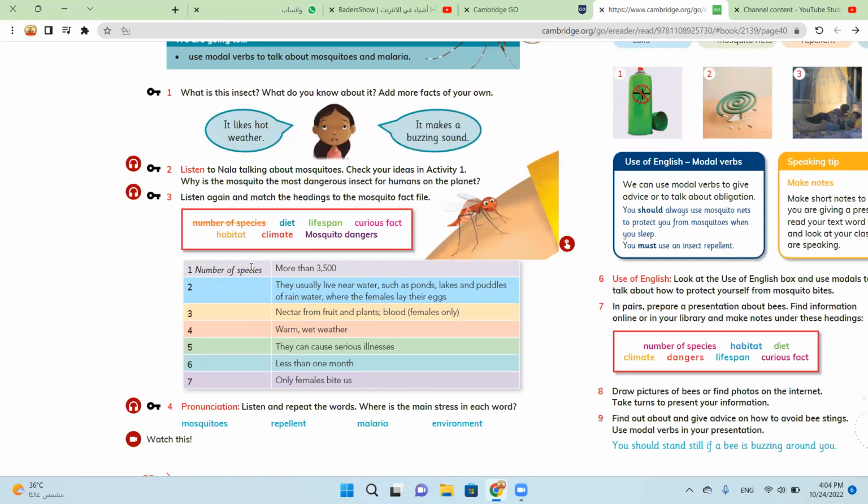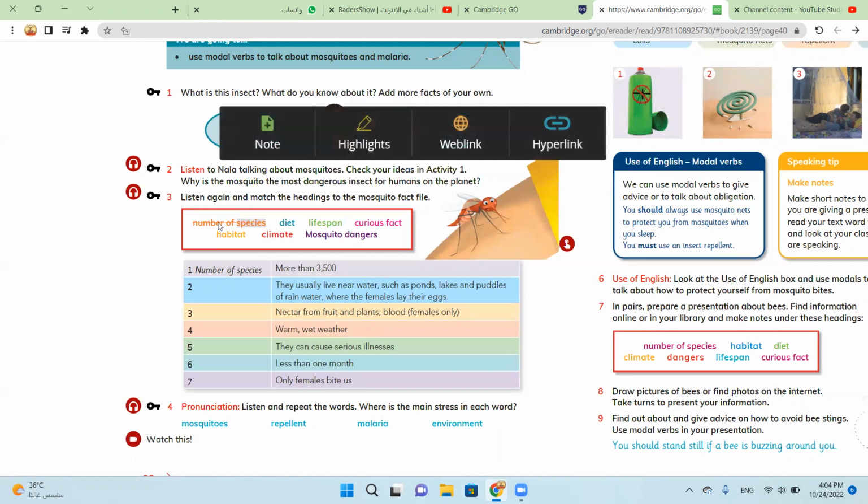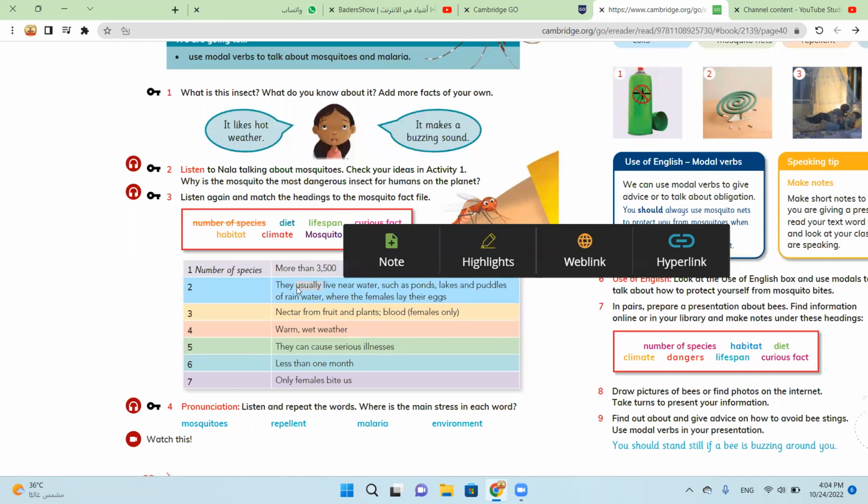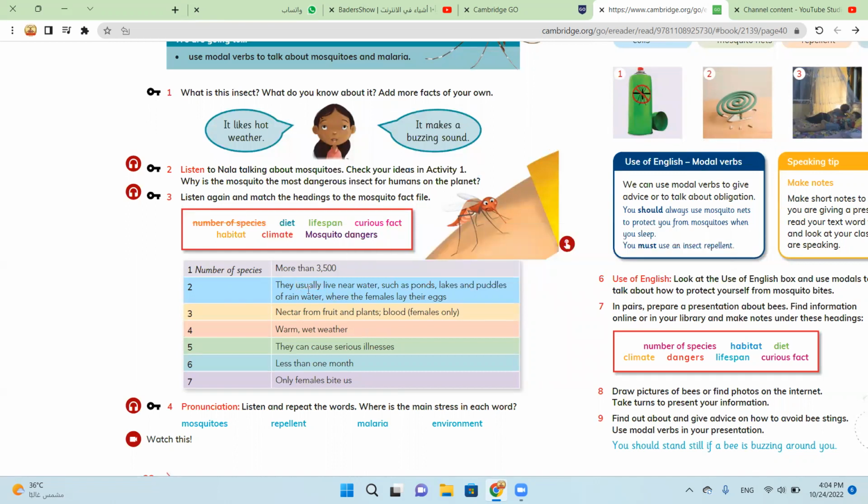So, for example, more than 3,500. This fact is related to number of species or diet or lifespan. So the first one is already solved for us, number of species. Number 2, they usually live near water, such as ponds, lakes, and puddles of rainwater, where the females lay their eggs. So we can understand from this fact or text that it talks about their home or where they live.